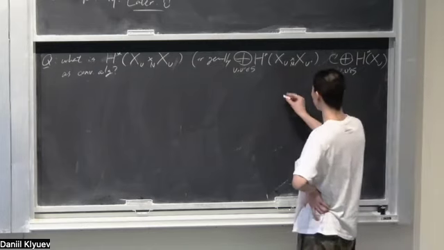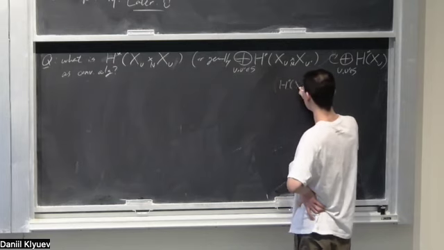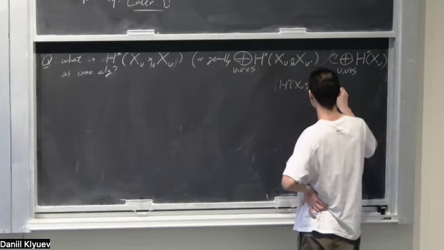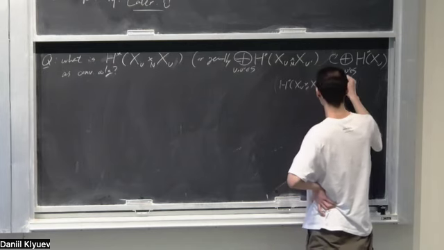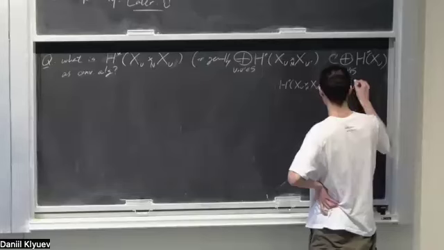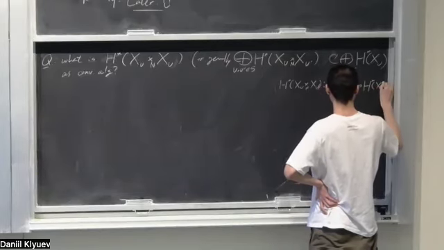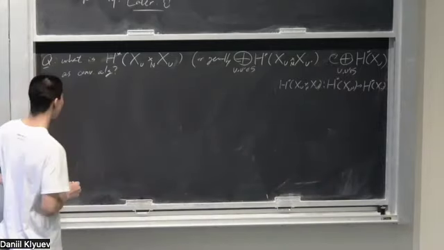So an action would send something from X_U prime to the cohomology of X_U. But I'll do my best to make it more precise later.